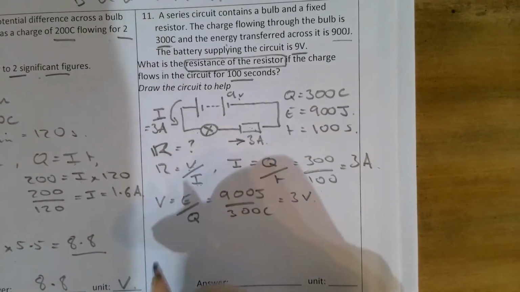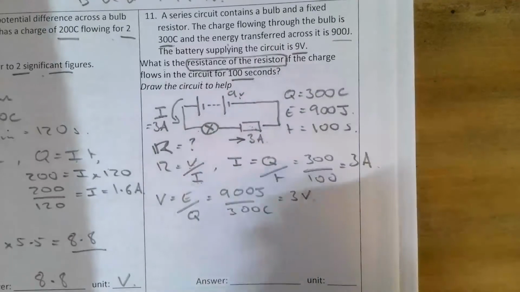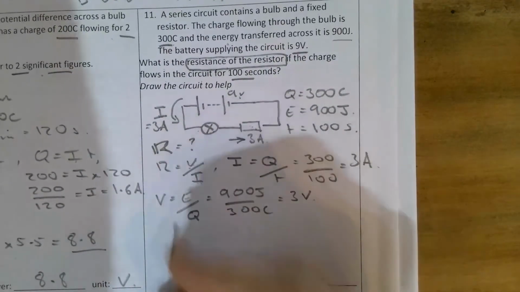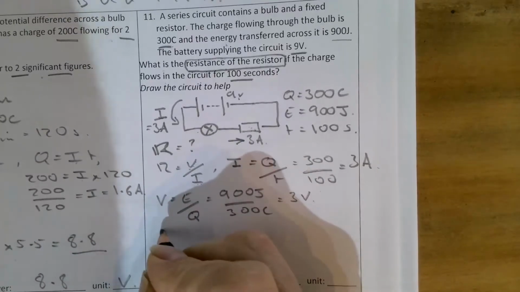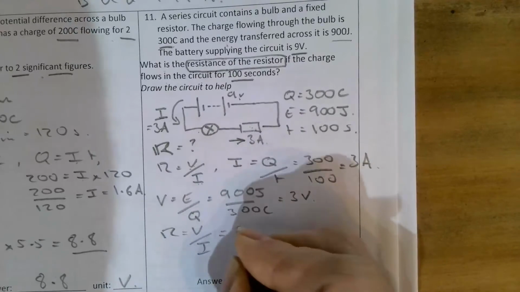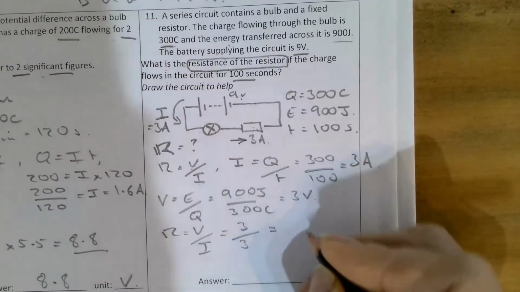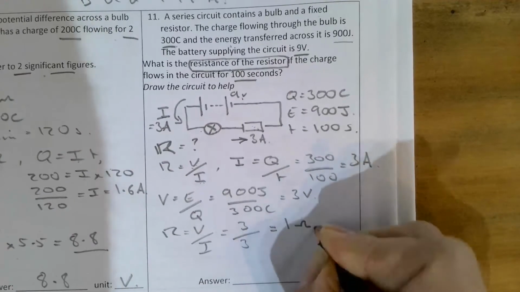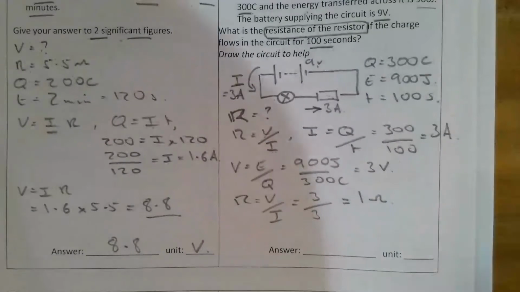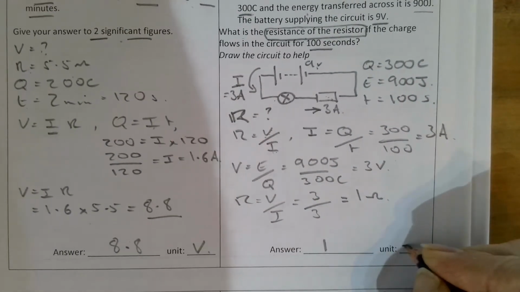So I now know that I've got 3 volts across that and 3 amps flowing through that. So R will equal V over I, which is equal to 3 divided by 3, which is equal to 1 ohm. So the answer is 1 ohm.